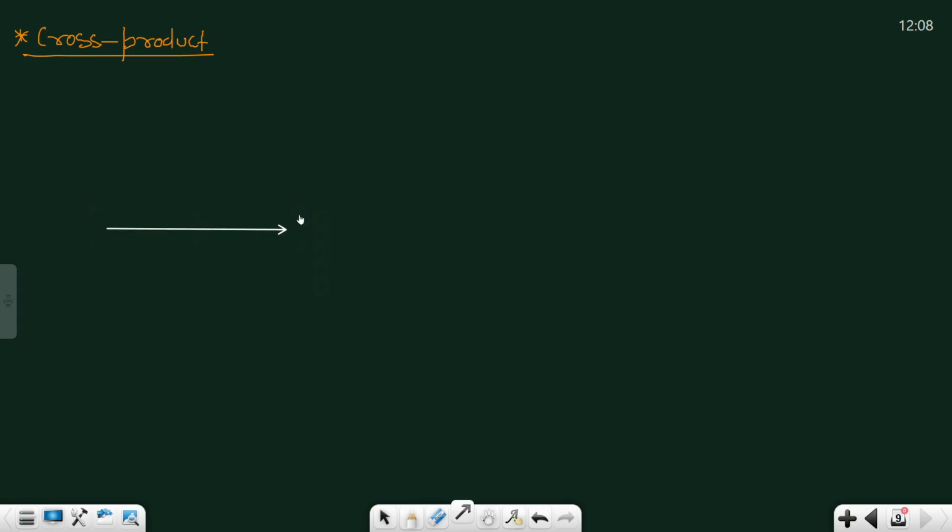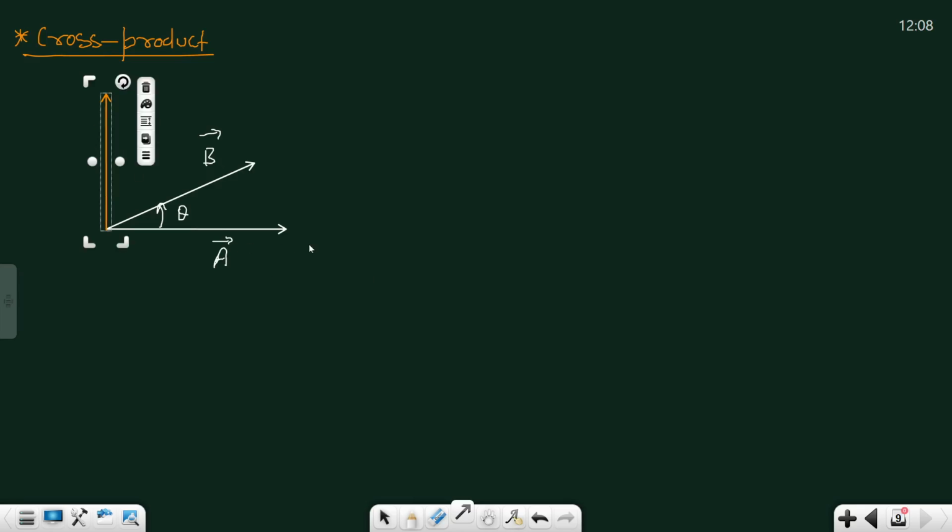This is A vector, and the other is B vector. They are in a plane. Suppose A and B are lying on a notebook. If you go for A cross B, this is theta, A cross B, you will get another vector, that is the C vector, which is perpendicular to both of them.